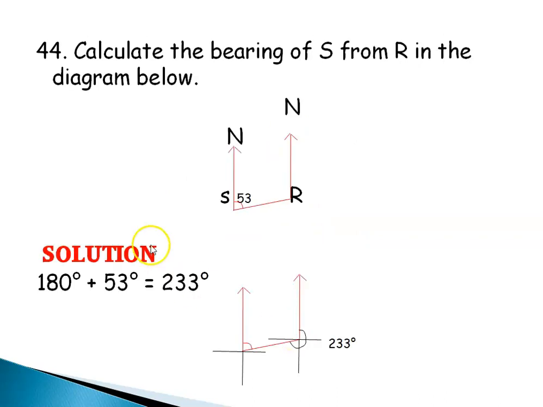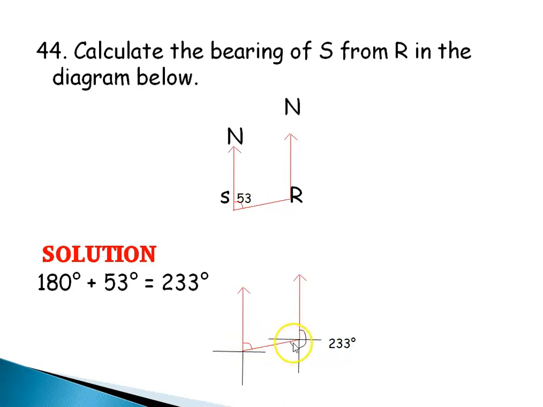Alright. Question 44. Calculate the bearing of x from R in the diagram below. You can see this is x from R, 53 degrees. So if we're going to draw our cardinal points on both points, this is point X, 53, and this is point R. So if this is 53, then this angle will also be 53.